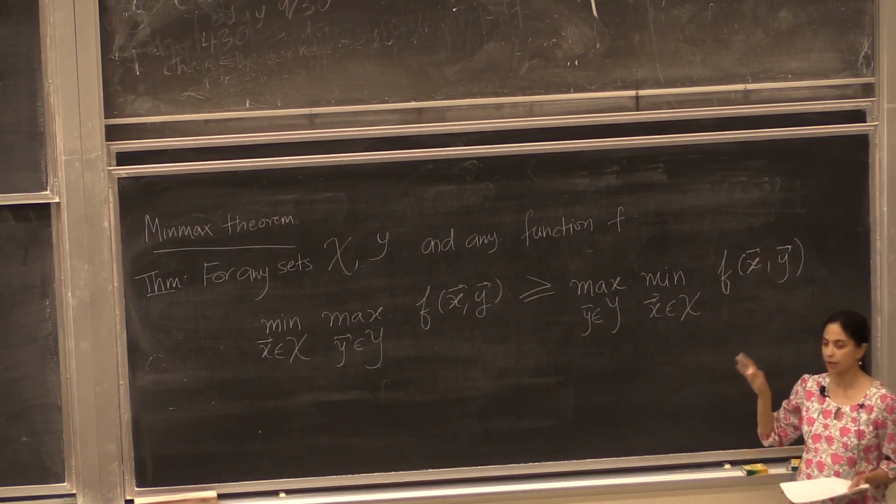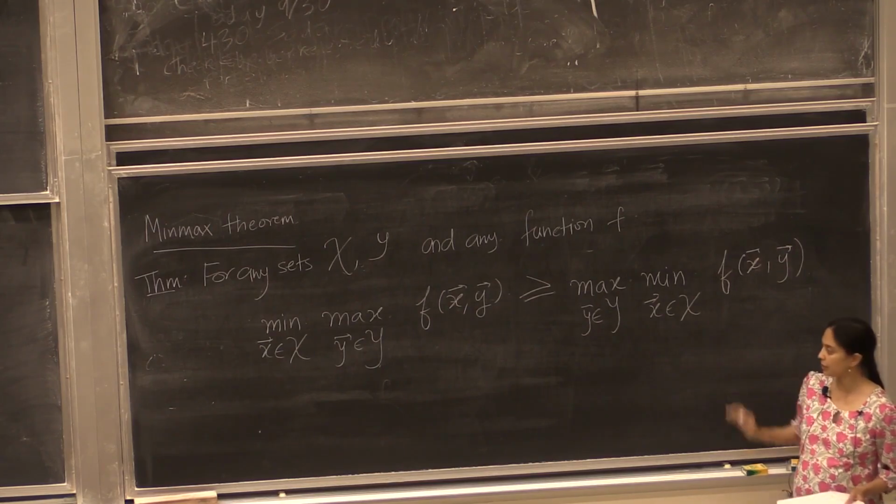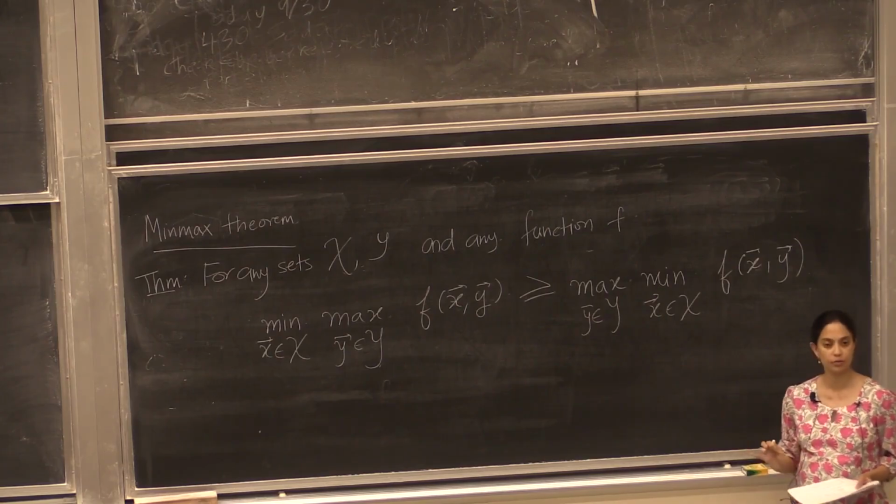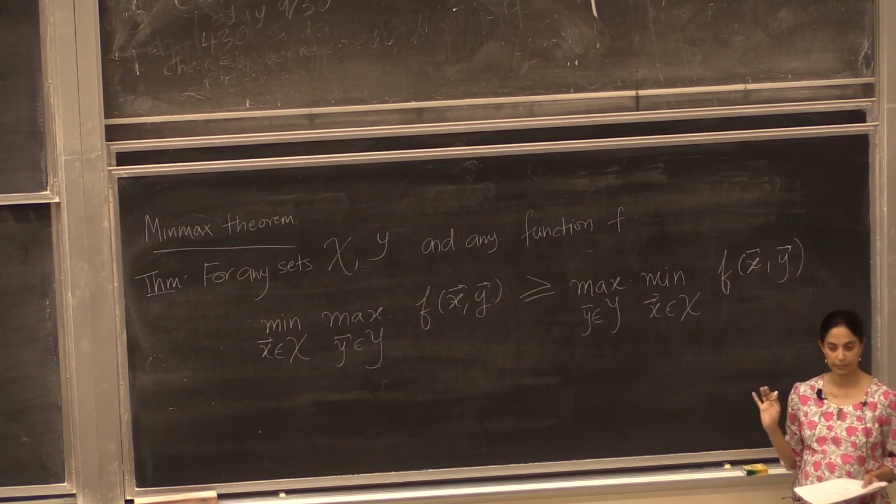I'll give you another interpretation of this later, but right now the easiest way to remember is min max is always greater than max min. We'll talk about a game theoretic interpretation of this in just a minute.